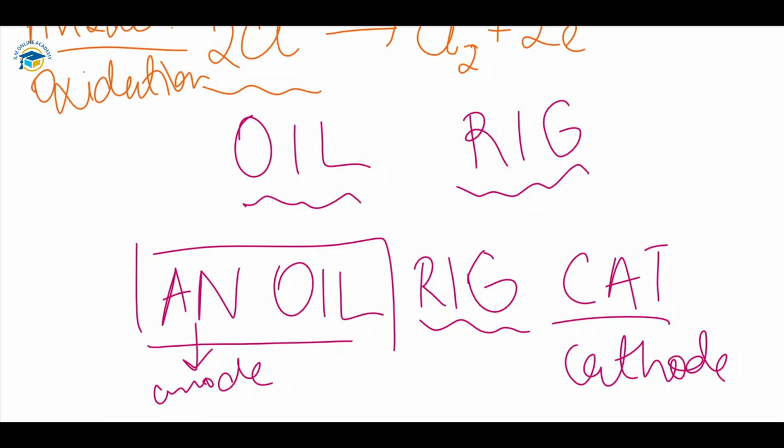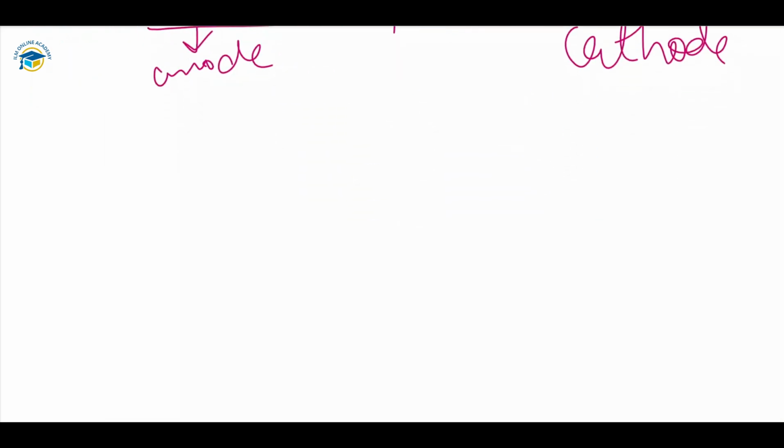So this is the example of electrolysis, and we have also heard about hydrogen fuel cells in our chapter number 6 video. You can check the detailed video from that. I will just tell you about the equation of what happens there.